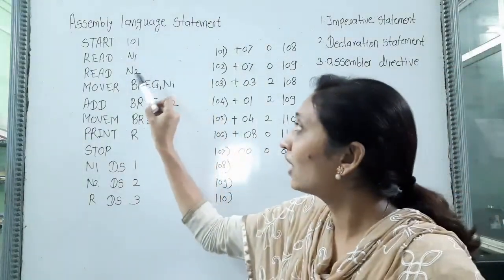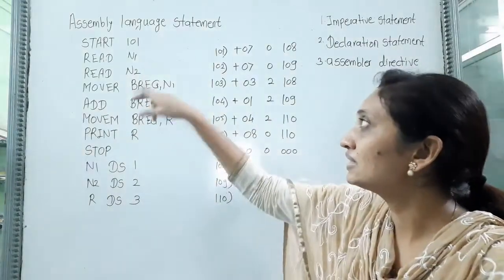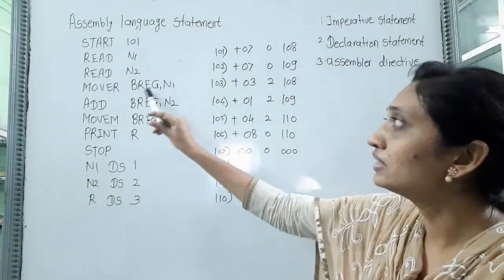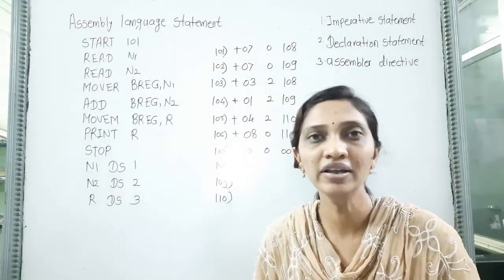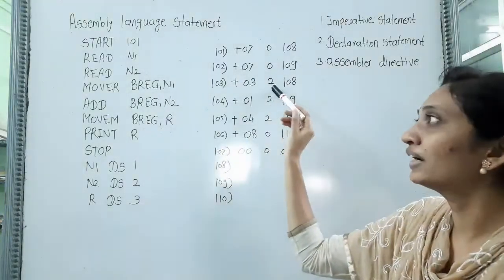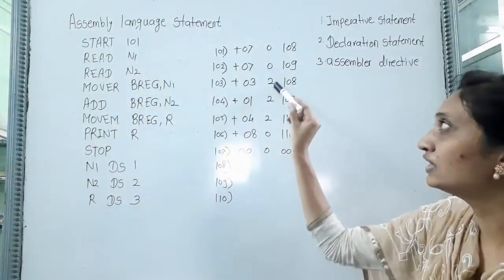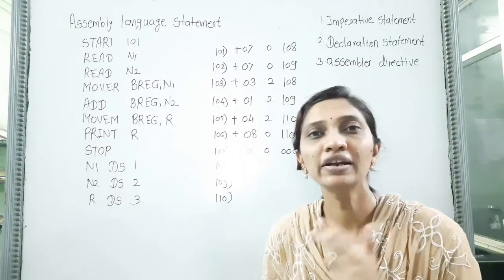And now here for MOVER, two operands are required. One is a register and the second is a memory address. Now the register can be your A register, B register, C register or D register. If you are using the A register, then its value is indicated by 1. If you are using the B register, its value is indicated by 2. If you are using the C register, the value is indicated by 3.